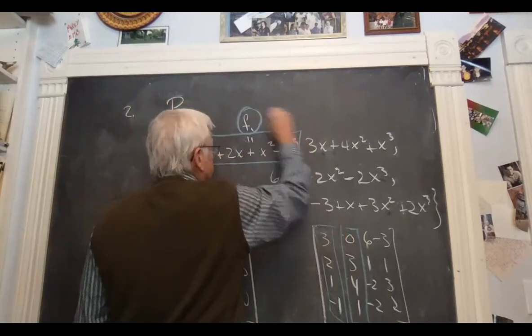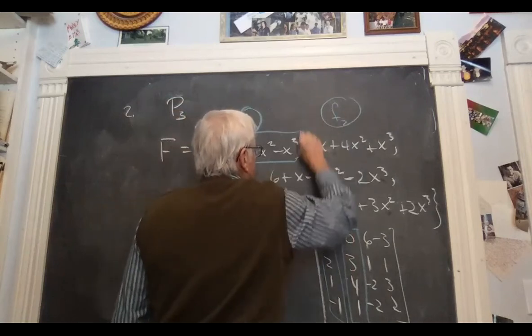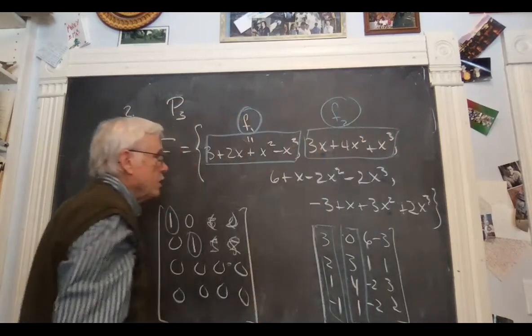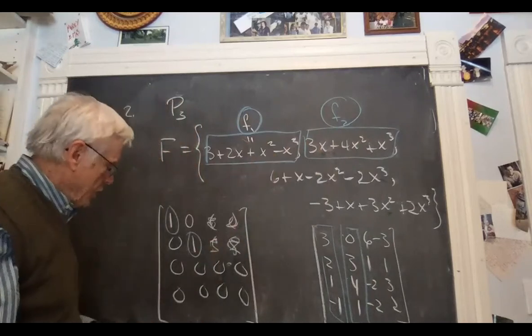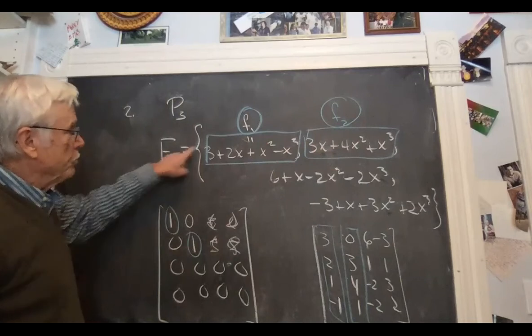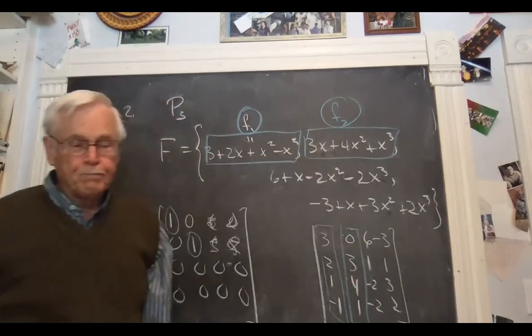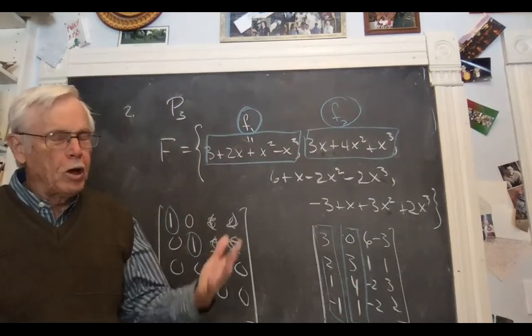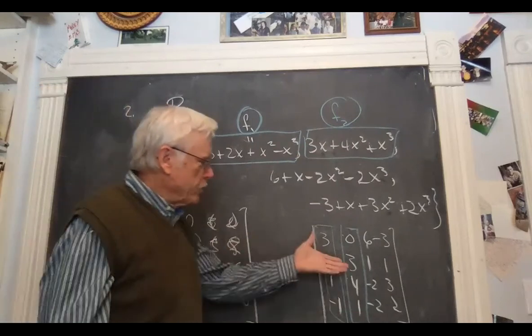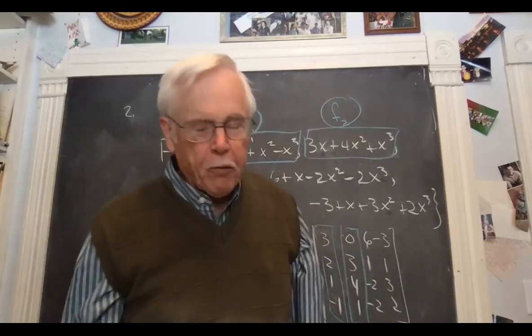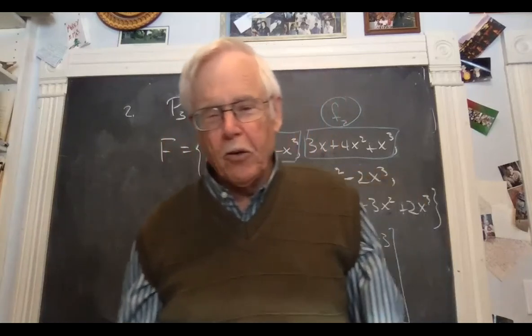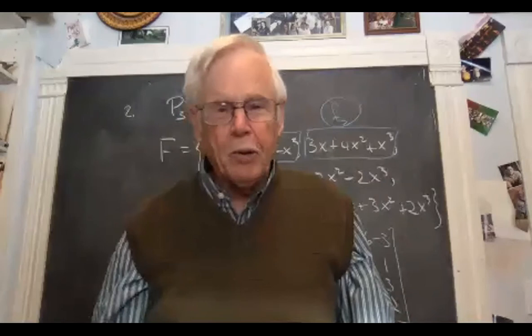So F1 and F2, these 2 functions, will be a basis for F. These 2 are dependent on these 2. And the dimension of F is 2 because there are 2 things in the basis. So this is the whole ball of wax, how to use this coding, this relationship between R4 and P3, in order to solve these problems in P3.